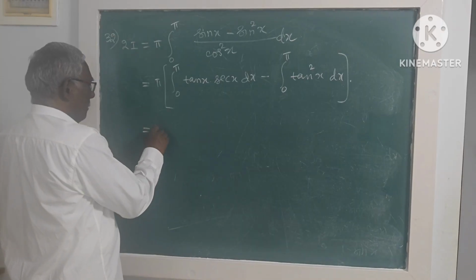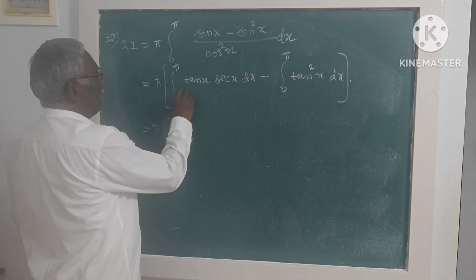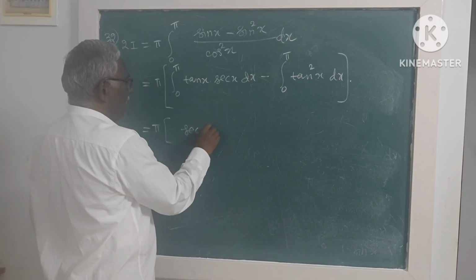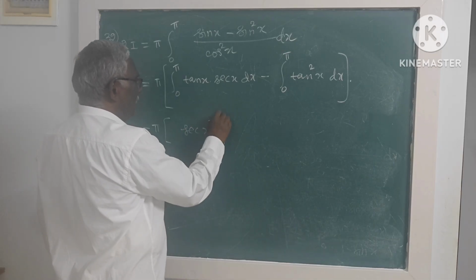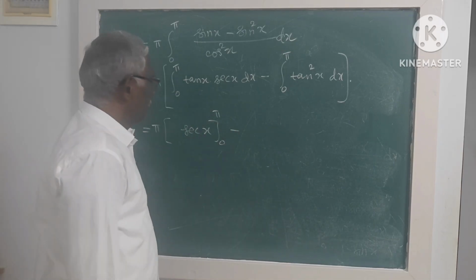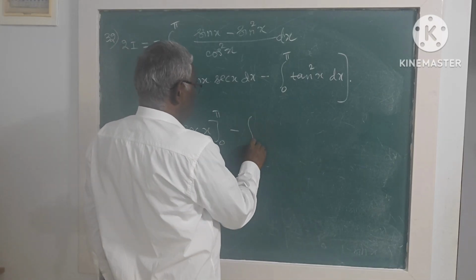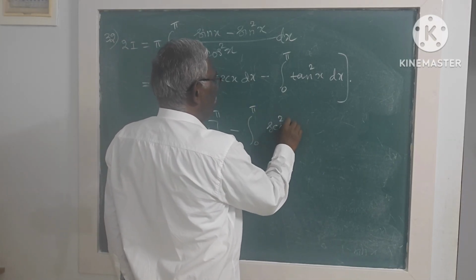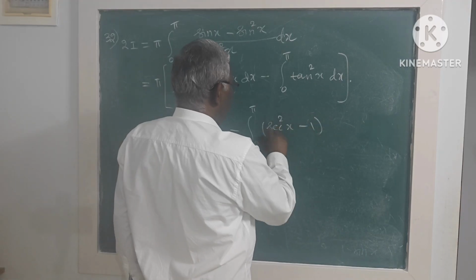Equal to pi times integral 0 to pi secant x tan x dx minus integral 0 to pi of secant square x minus 1 dx.